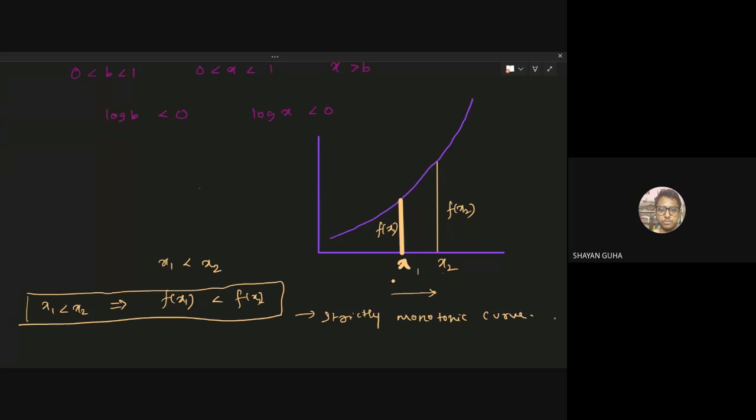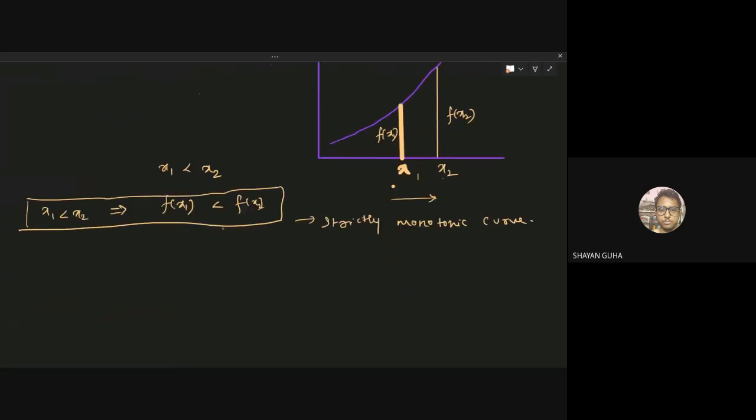And what is the difference between monotonic and strictly monotonic? Here we can see that the curve is strictly increasing. What I mean to say is, if I take two points, for one point the functional value will be greater than the other, not equal. But if I have something like a straight line, I can see x1 here, x2 here, but both the values are the same.